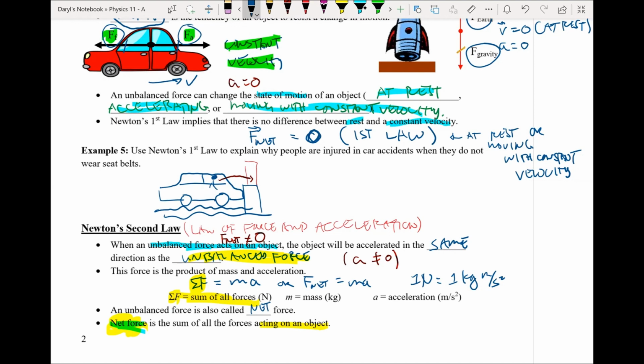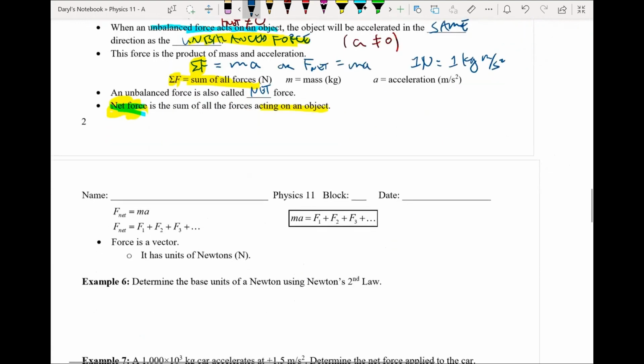If the net force acting on the object is 1 Newton, and that object has a mass of 1 kilogram, you would expect its acceleration to be 1 meter per second squared. So that's the definition of a Newton.